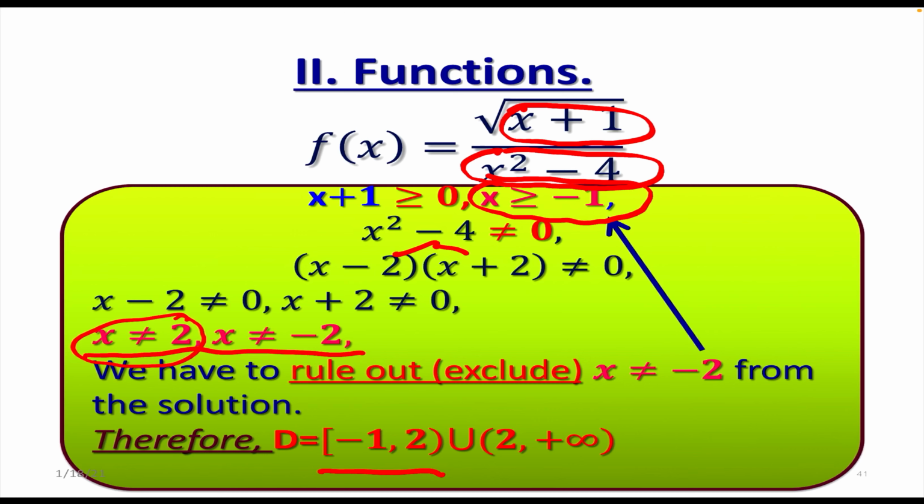So join, union, using set notation, the second interval from 2, again not included, all the way up to positive infinity. And remember, we excluded this negative 2, so it's not in the domain. Perfect.